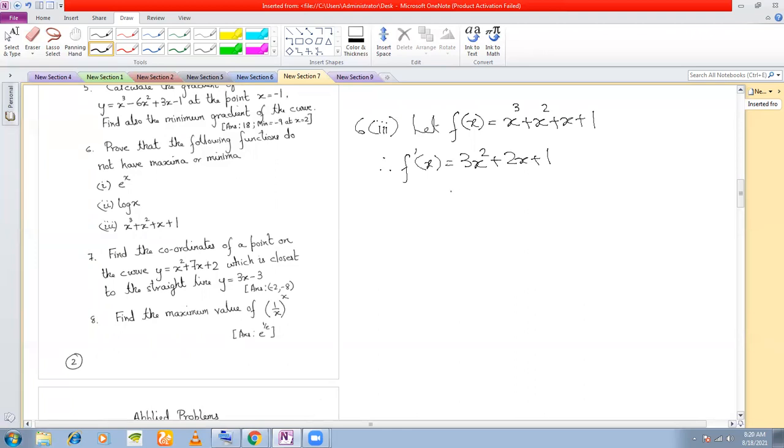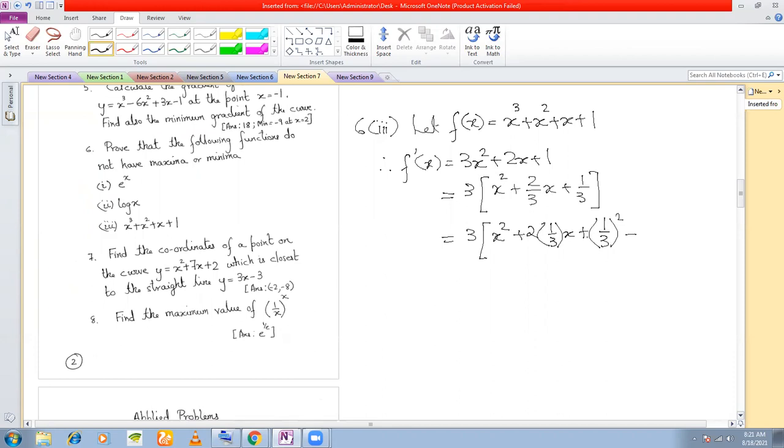So how do you show this quadratic function is either fully positive or fully negative? You take 3 out, write this as 3 times x square plus 2/3 x plus 1/3, which is equal to thrice x square plus twice 1/3 x plus 1/3 square.